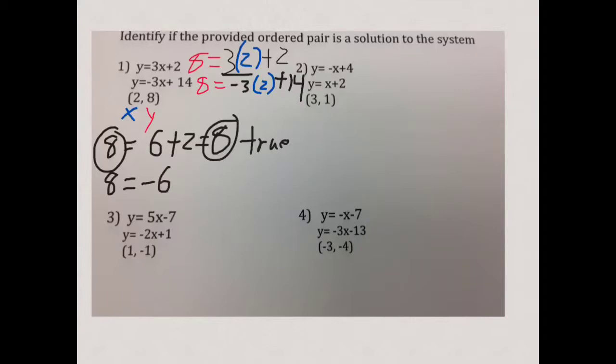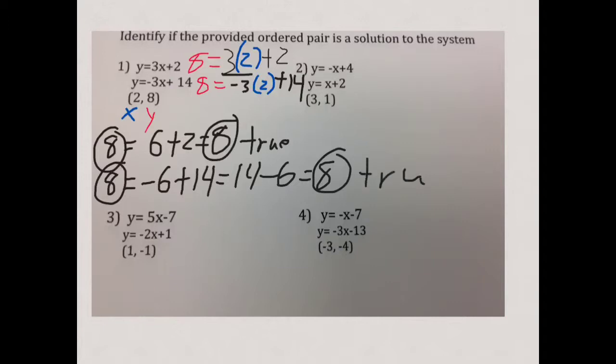Negative 6, plus 14, which is the same as 14 minus 6. Remember, I can move my numbers around as long as I move their sign also. So 14 minus 6 would be 8. Again, true. As soon as I see that they're true, I can write yes, a solution.